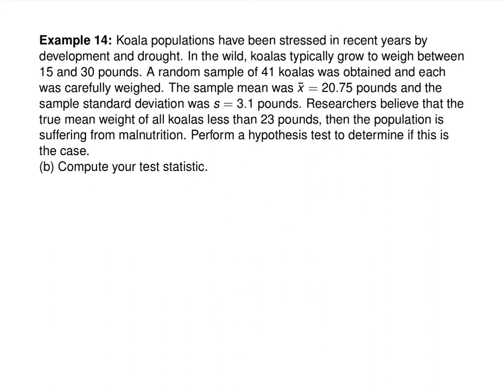Okay, next find your test statistic. So because we're working with means, our test statistic is going to be a t-statistic, and it's going to be given by x bar minus your null value divided by the standard error of x bar. And remember that standard error of x bar is s over root n in this case.